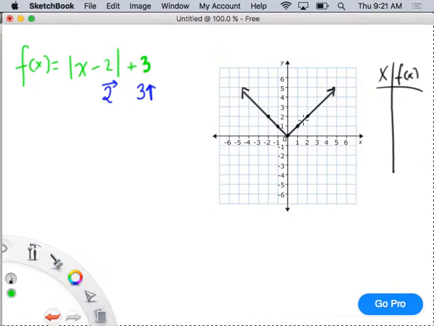So I'm going to take each point. I'll start with this one here. I'll go 2 to the right and up 1, 2, 3. This point, 2 to the right, up 1, 2, 3. 2 to the right, up 1, 2, 3. 2 to the right, up 1, 2, 3. And 2 to the right, up 1, 2, 3.